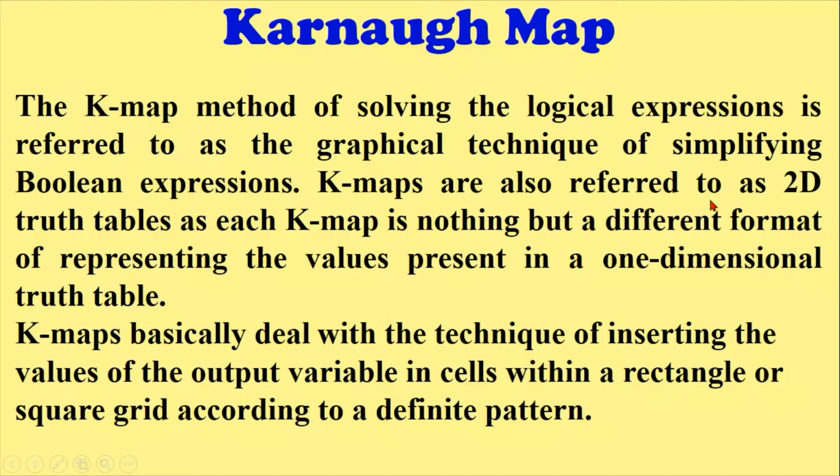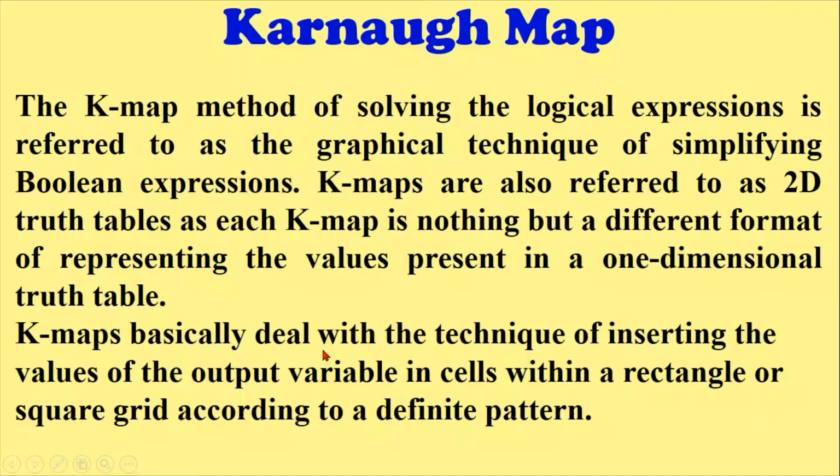K-map is also referred to as a 2D truth table, as each K-map is nothing but a different format of representing the values present in a one-dimensional truth table. It is also called 2D truth table because it is a representation of the truth table in the form of graphics or pictorial form. That's why it is called 2D truth table.